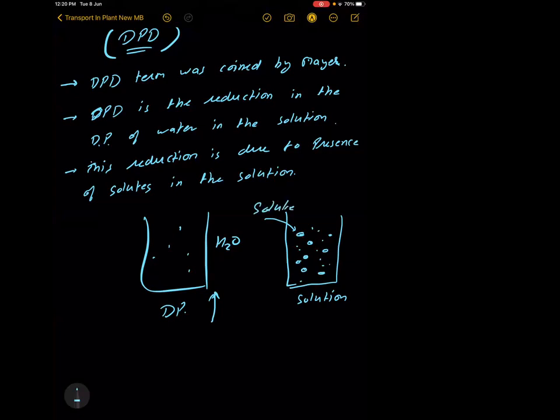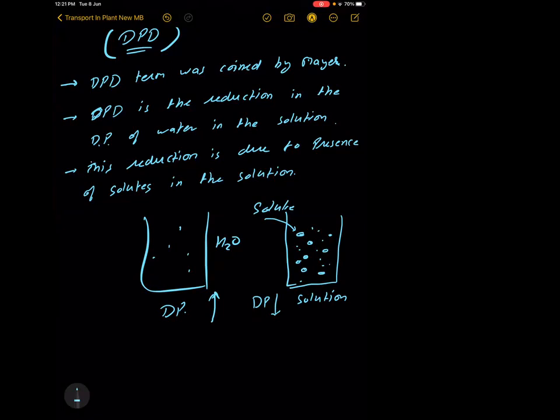In solution, the DP is decreased. So in the definition, I wrote DPD is the reduction in the diffusion pressure of water in the solution, because of the presence of solute.